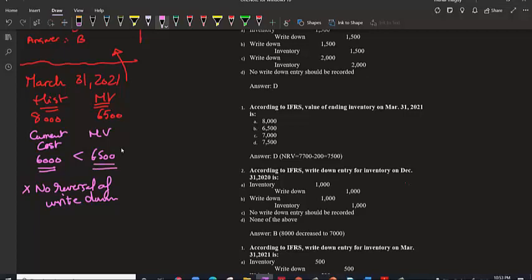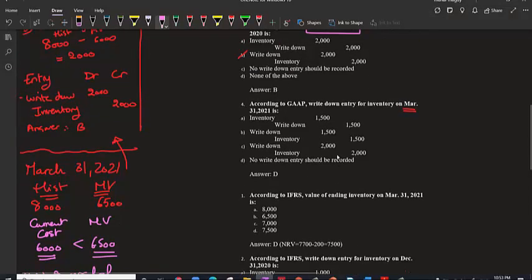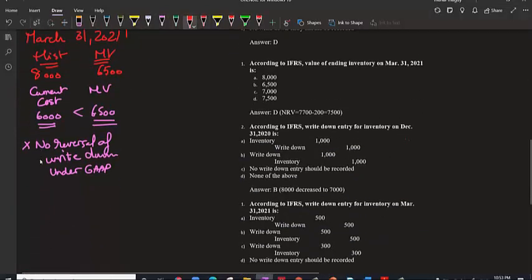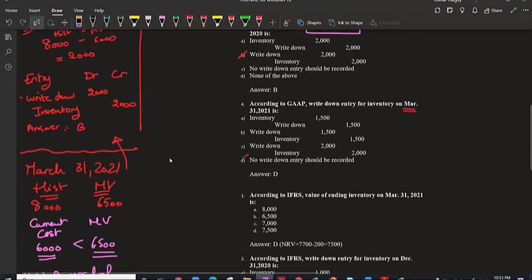The cost has increased right now, but we can't increase it back after a write down under GAAP. So for question number 4, the answer is no write down entry.